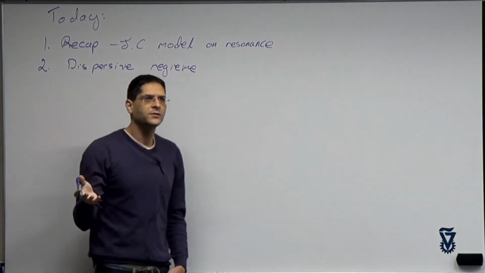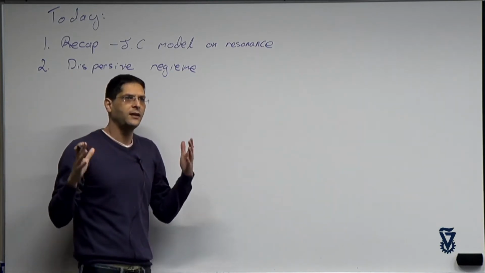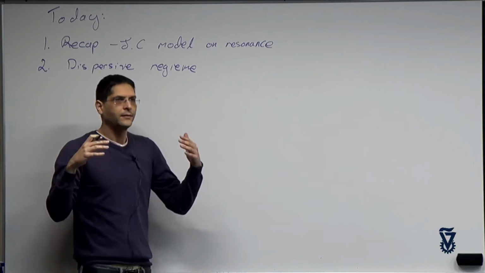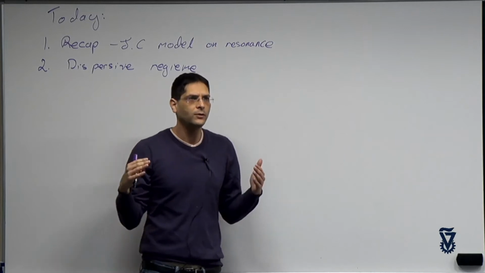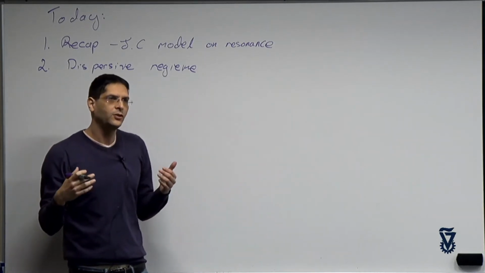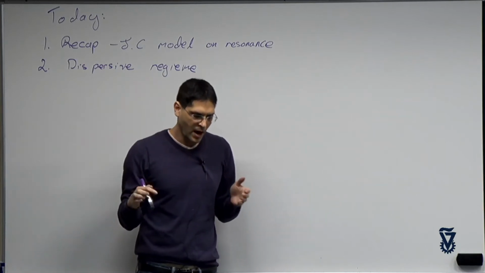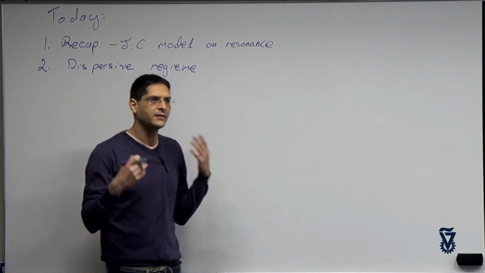And after the dispersive regime, we're basically going to be done with this atom-cavity Jaynes-Cummings model. Then we're going to be moving into our next phase of the course, shifting gears and looking at the more advanced technologies.